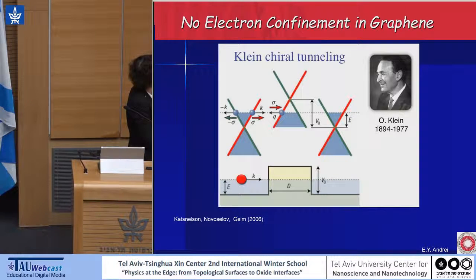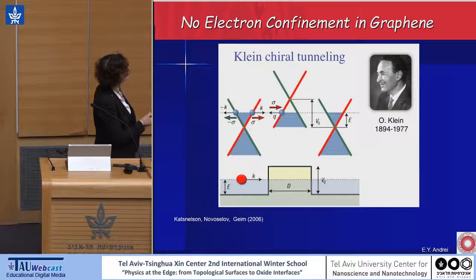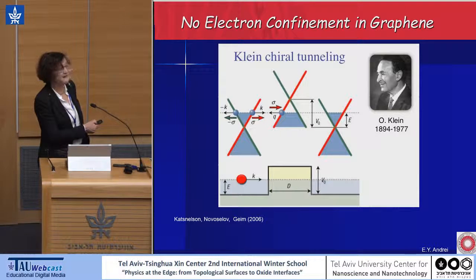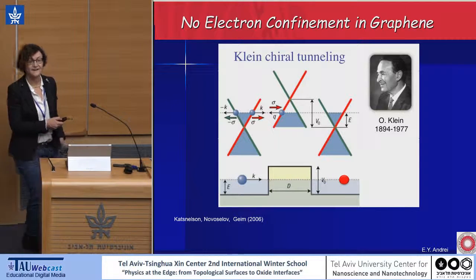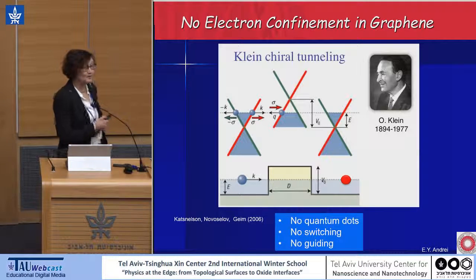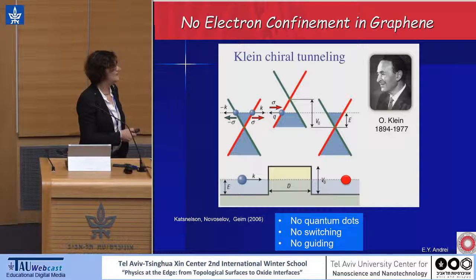One interesting consequence of the fact that these are massless, chiral Dirac fermions is the so-called Klein tunneling. If you have an electron in the red branch here that moves to the right, it cannot scatter back if it hits a barrier. As a result, it becomes a hole and goes smoothly through as a hole, and when it comes out again it is an electron. That is known as Klein tunneling. One important consequence is that we cannot make quantum dots in graphene.